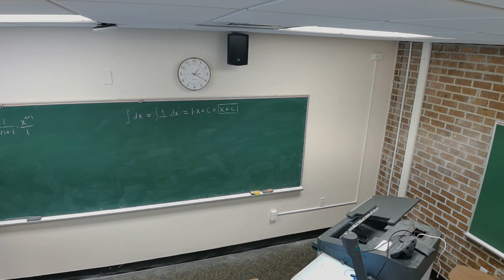When you multiply two quotients, you just multiply straight across. And so this is equal to 1 over n plus 1 times x to the n plus 1. So sometimes when you're finding an antiderivative using the power rule of antidifferentiation, it's easier to do it this way, and sometimes it's easier to write it that way.